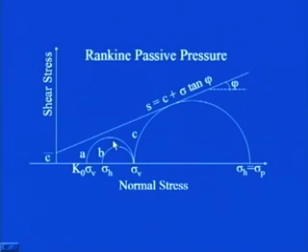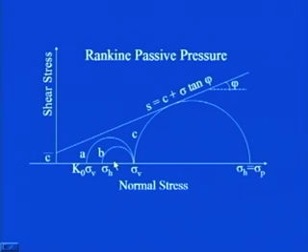As the wall starts moving towards the soil, the wall displacement increases. In the passive case, the size of the Mohr circle goes on reducing. Earlier it was this at earth pressure at rest condition, then as the wall starts moving towards the soil, it goes on reducing and takes a particular value, sigma h.